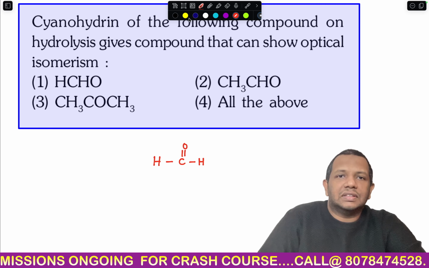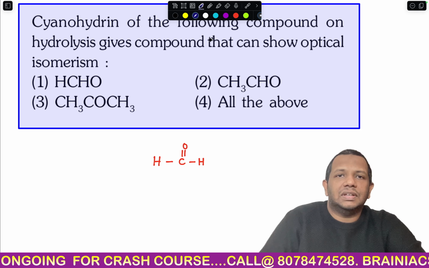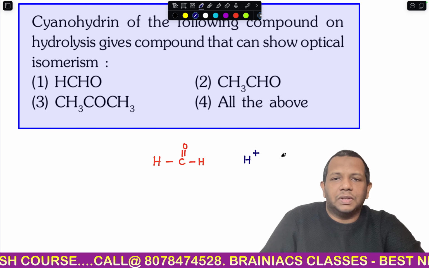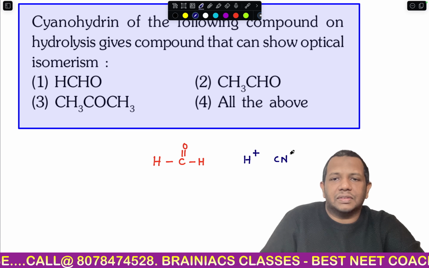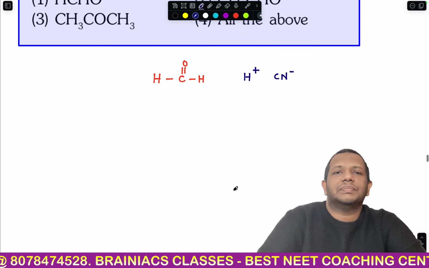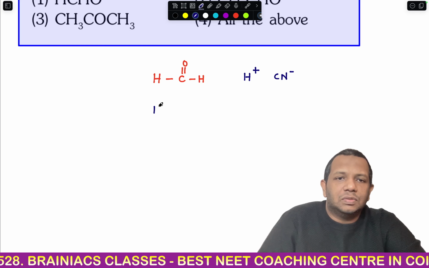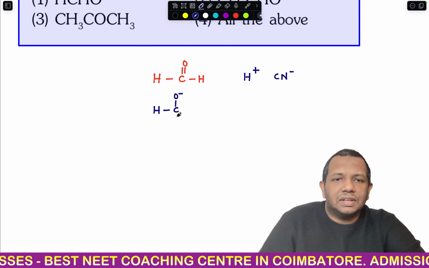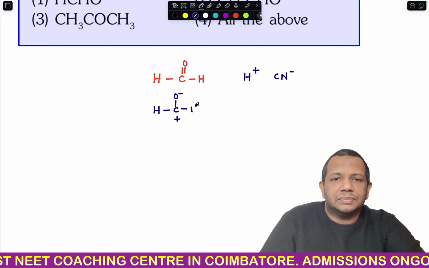So first, it should react with HCN to create the cyanohydrin. So HCN will split up into H plus and CN minus, correct? Now we know that this will undergo polarization first. So O minus, here plus, and you have hydrogen.